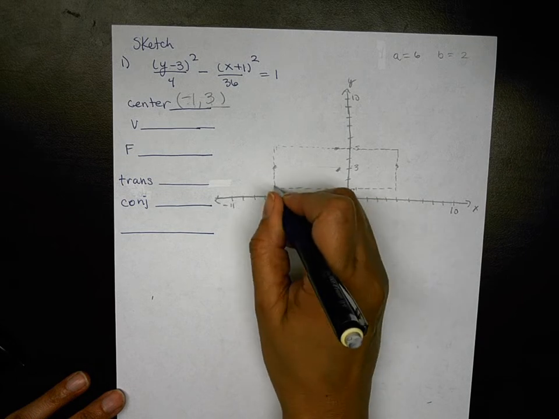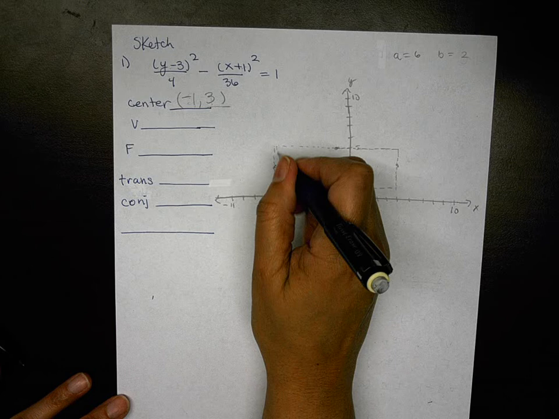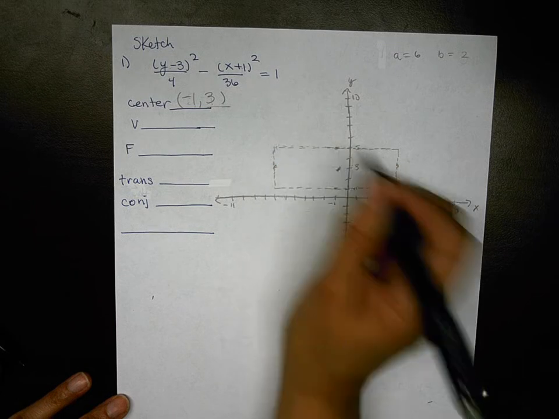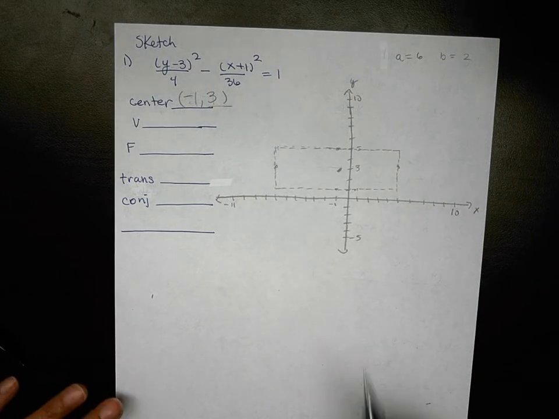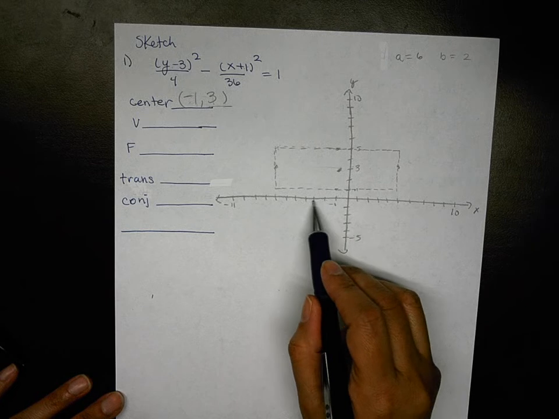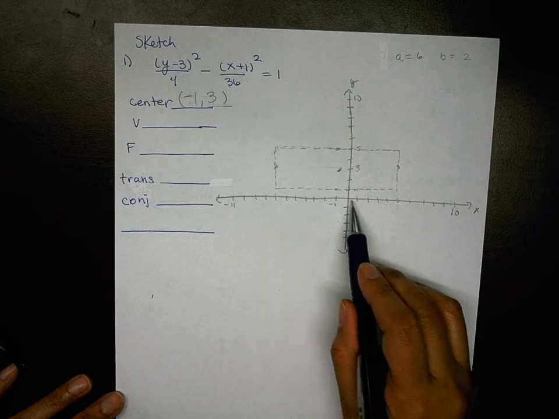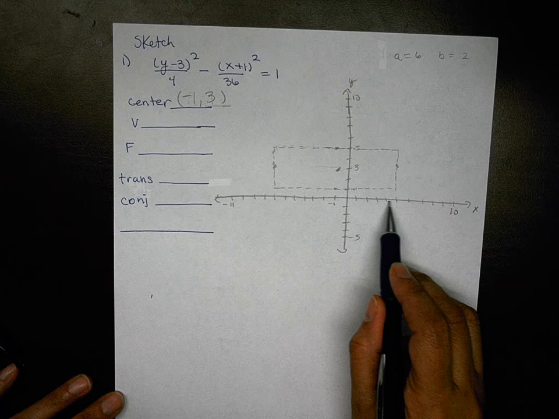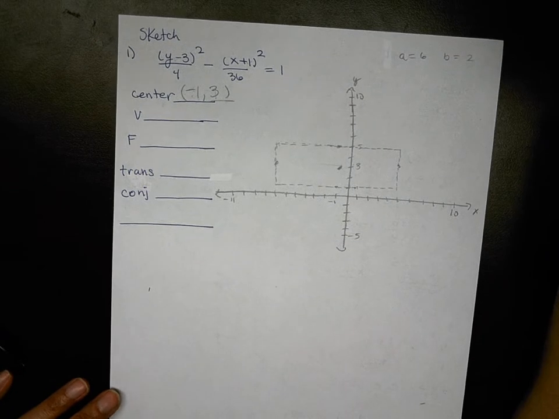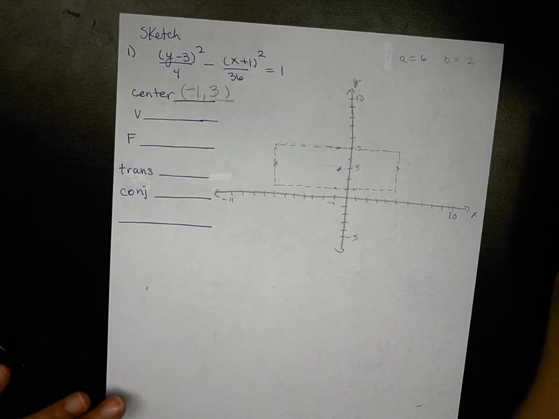These are not your asymptotes. This box shape is going to help you to draw your asymptotes in a little bit. Okay, everybody have their box shape?